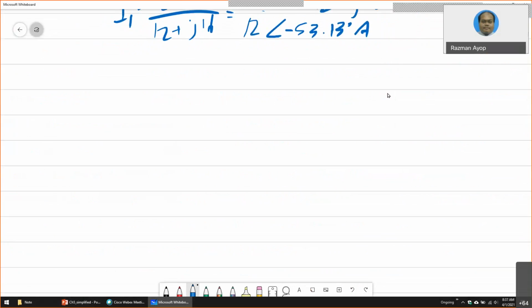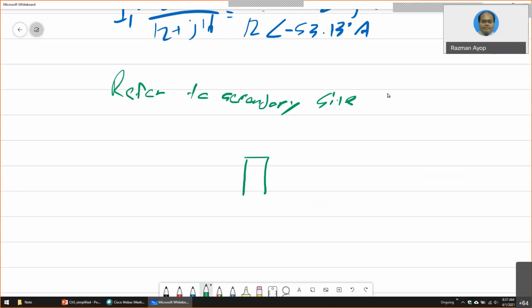So for referred to the secondary side, basically the load is just left right there, and then you have a voltage. This one is not V2, but E2.